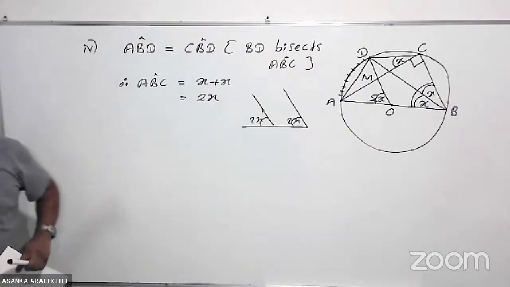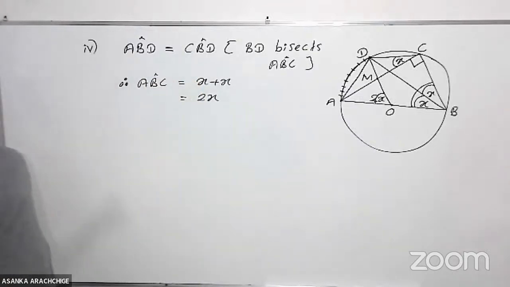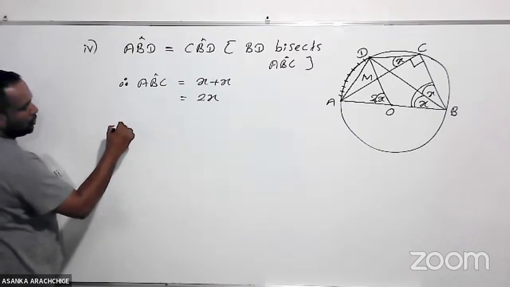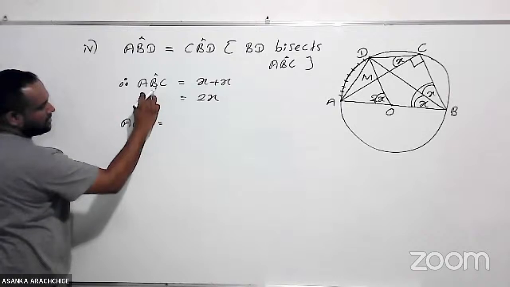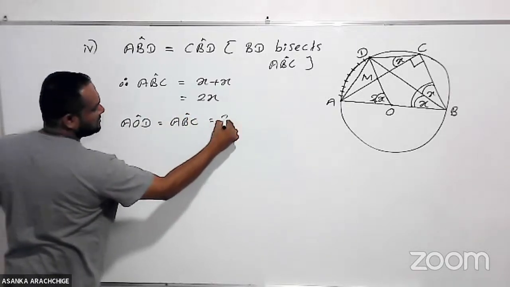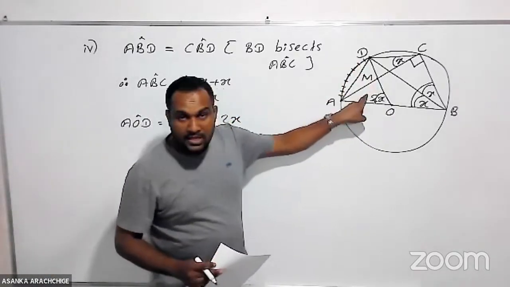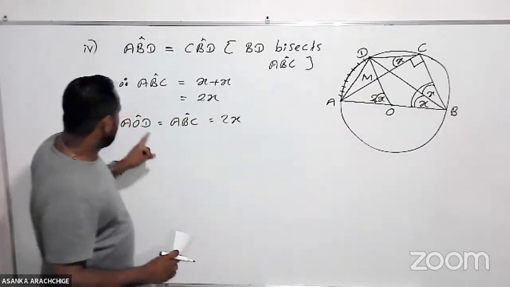Now you can say, therefore, angle AOD equals angle ABC equals 2x. Wait a minute.